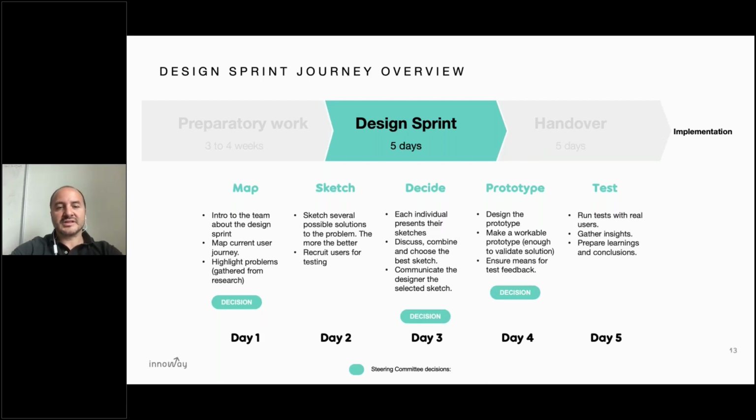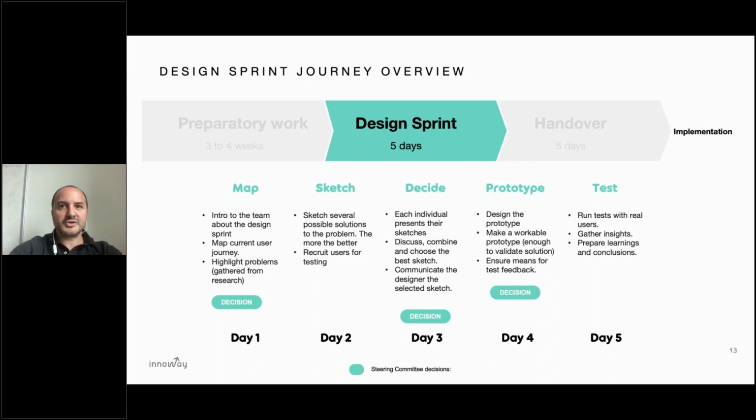Then day two is about sketching. All the design sprint team members have the opportunity to design their own solution for the problem that has been defined. Day three is focused on putting together the best ideas coming out of those sketches and deciding what is going to be the solution to be prototyped on day four.